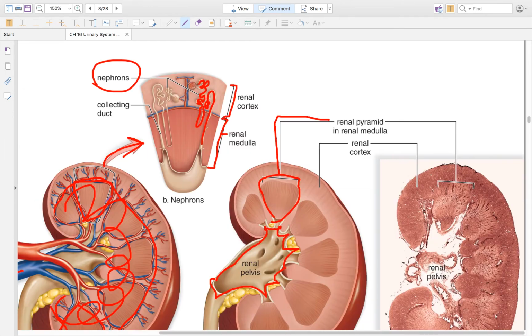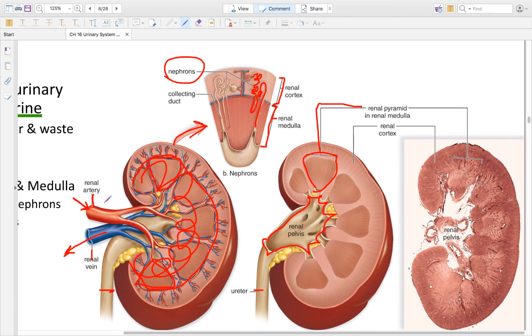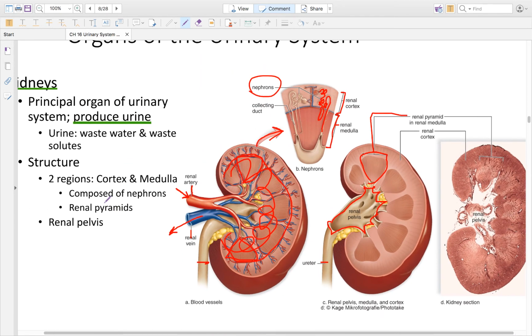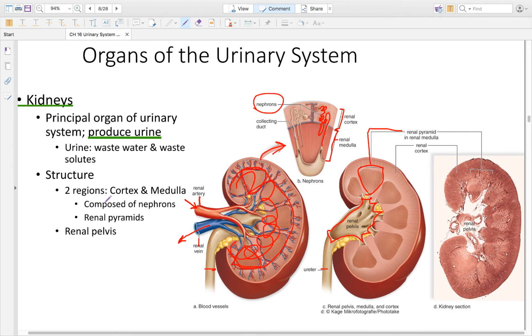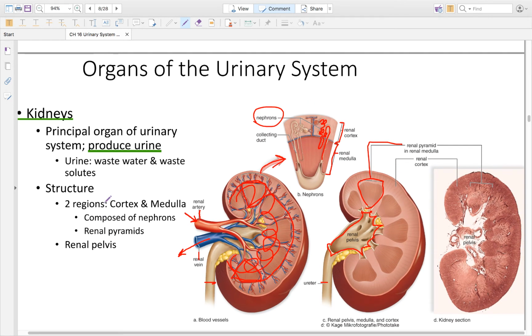The nephron is incredibly important, and we're going to have an entire section on the nephron, but that's where it is, and that's how small it is. And in fact, there's tons of nephrons. I showed you one. It actually starts with that ball there, and here's another one. So this whole entire kidney, both of them, have tons and tons of nephrons in both regions. Half of it is in the renal cortex, part of it is in the renal medulla.